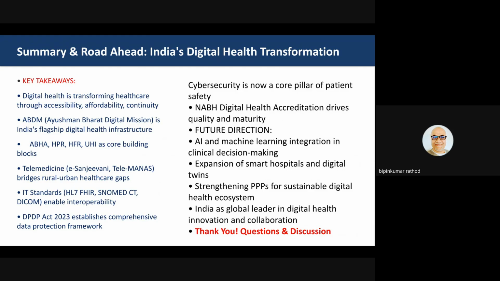We have a whole standard, we have a whole infrastructure, we have a policy, we have a practice, and we have a workforce ready for that. It is now the time to decide what sort of digital maturity we as India can get into our hospital and healthcare system.